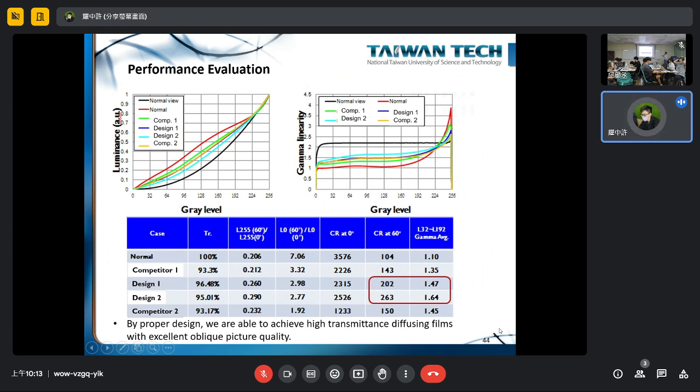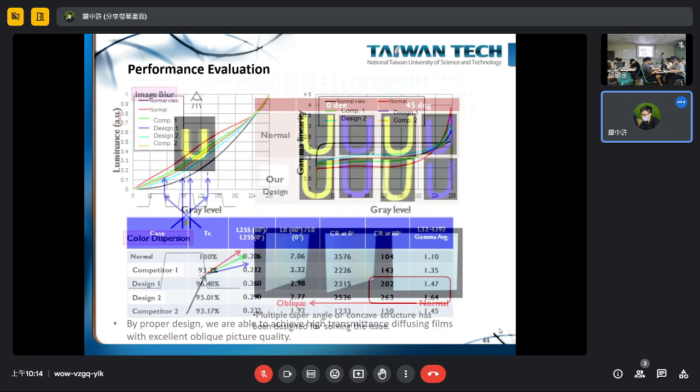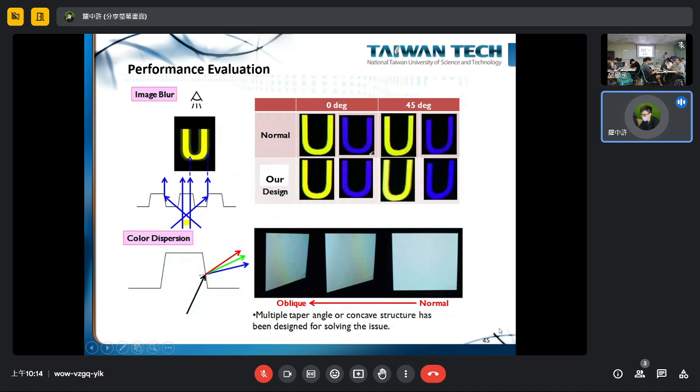But after you come up with the design, it will be more similar to the black line. That means the color washout problem, what we saw in the previous direction, the large angle problem we call the washout problem, will be solved. So by proper design, we are able to achieve high transmittance diffusing films with excellent oblique picture quality. But this also causes some problems.